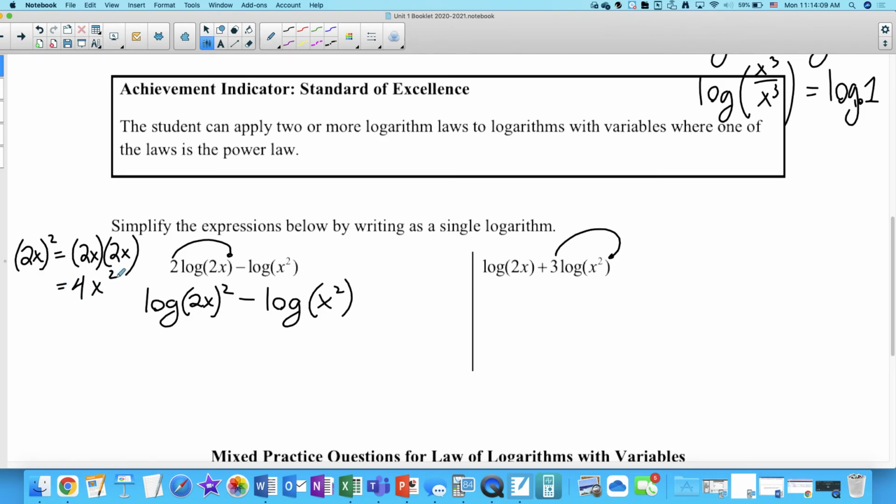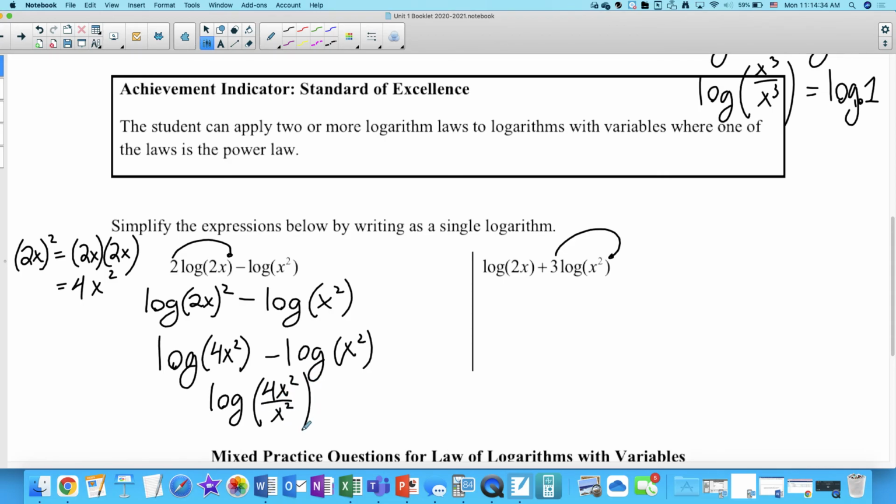So my next line is going to be log of 4x squared minus log of x squared. Now I can do the quotient law where I divide 4x squared over x squared. And then here the x squareds cancel. So you're just going to be left with log of 4.